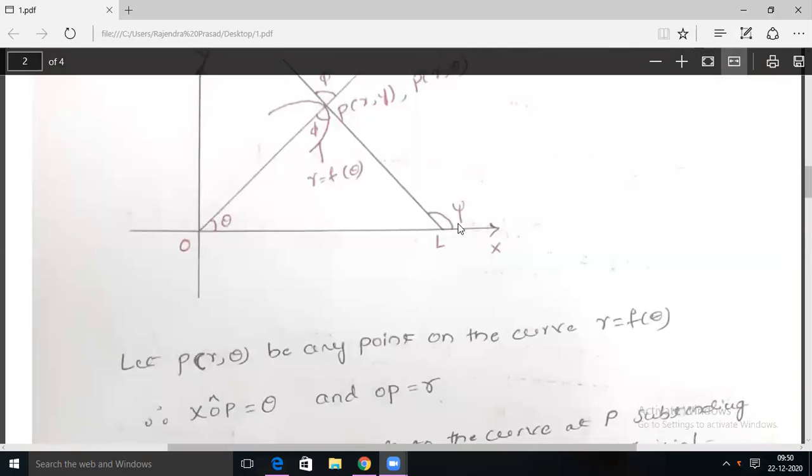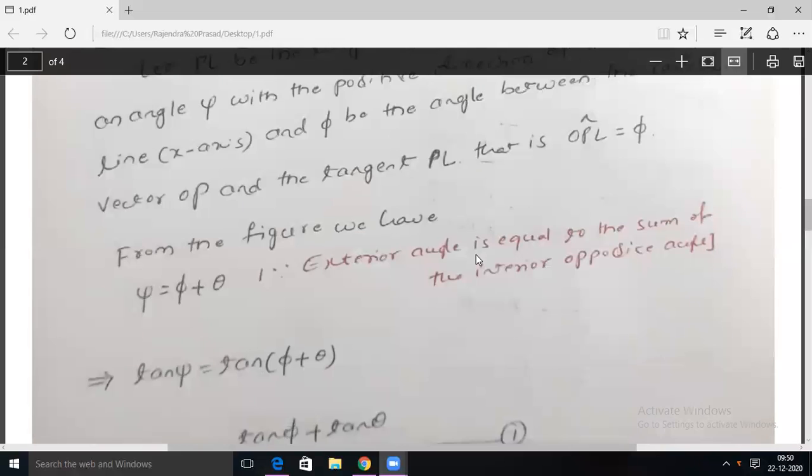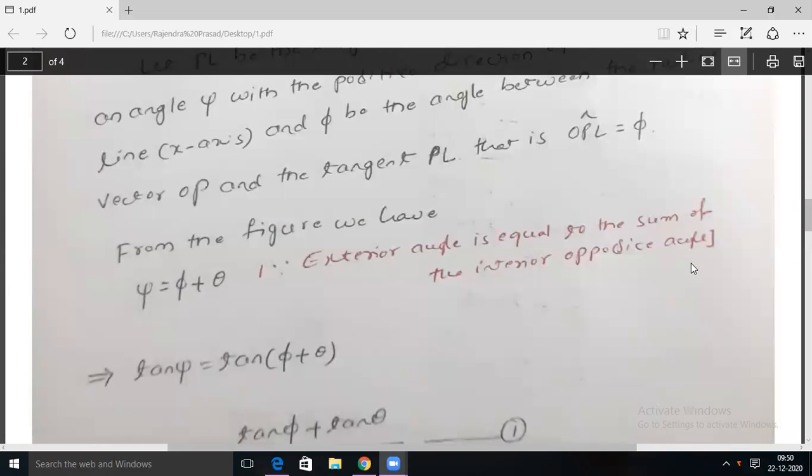See here, the exterior angle psi is equal to the sum of the interior opposite angles, that is phi and theta. So psi is equal to phi plus theta.